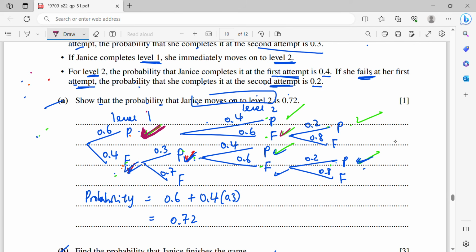So must go to the F, then only P. Okay, or could be F first, already fails one attempt, then make sure pass for both. Okay, no more fail. So pass and pass. Alright, and also she finishes the game. So these are the two possible outcomes: PFP, FPP.